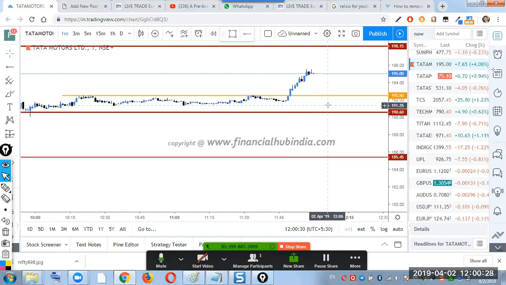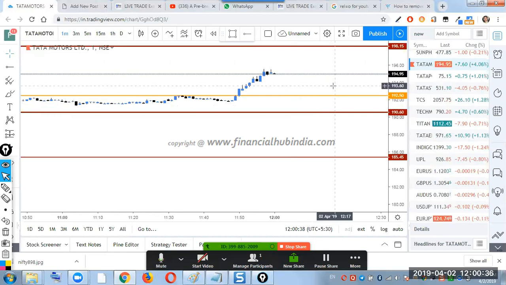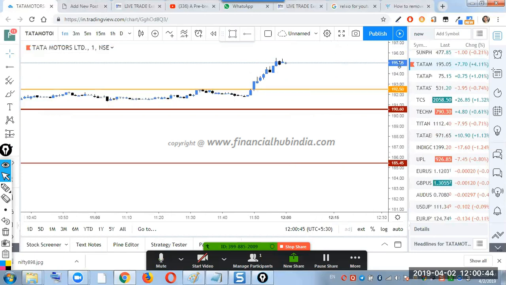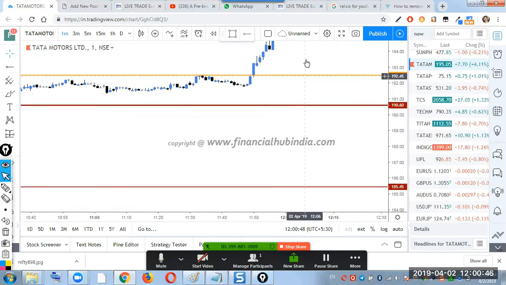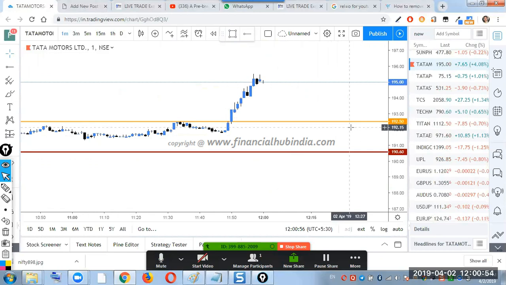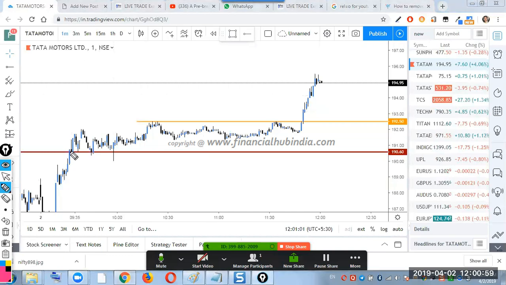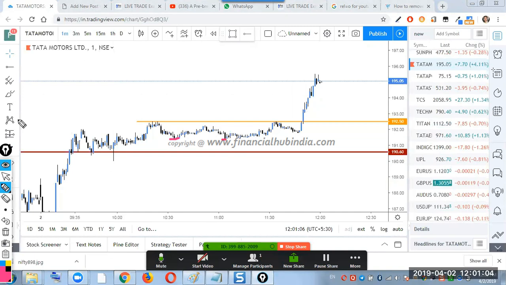Okay, so right now we are sitting around the same level, 193.50. It's still trading 194, 195 in the market. As we have been discussing previously, it was building up these higher lows, and our stop was below these higher lows, and the overall trade setup was based on that.